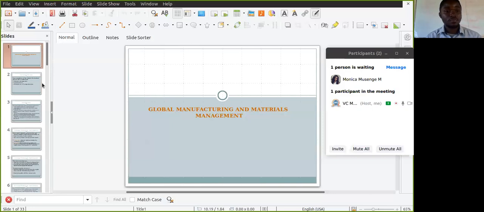Trust me, these slides are easy to read, easy to understand. Every opportunity that you get, when you're free, make sure you go through these slides, because in one day you cannot know everything. But if you go through the slides time after time, you'll be able to know everything.